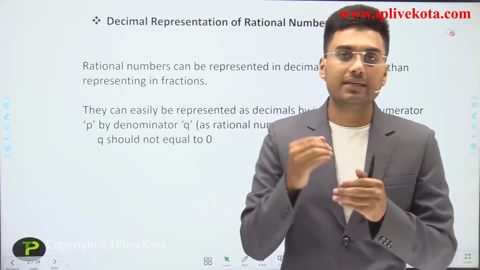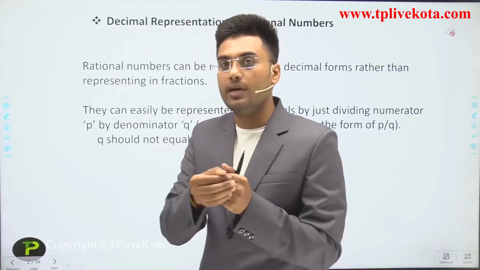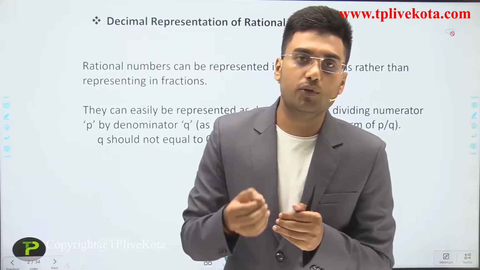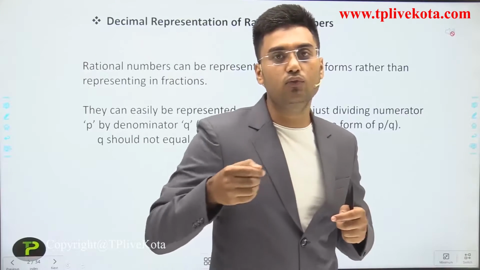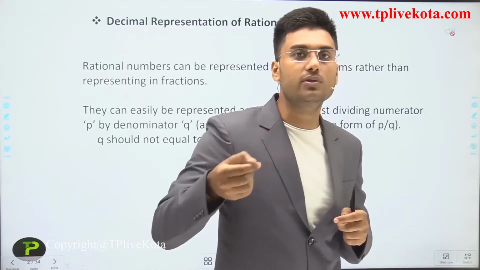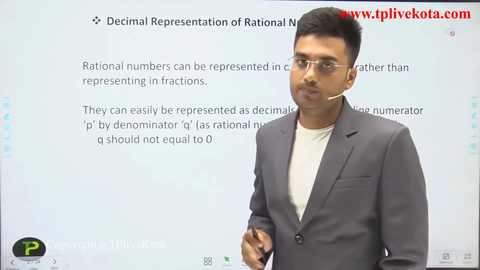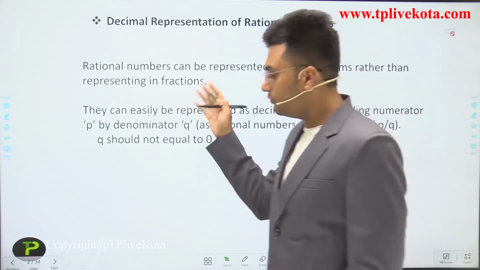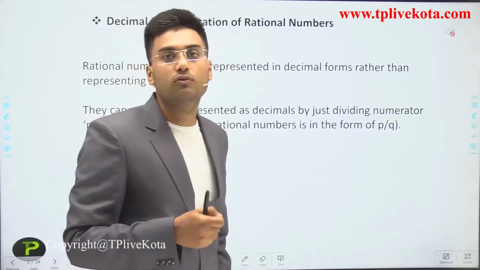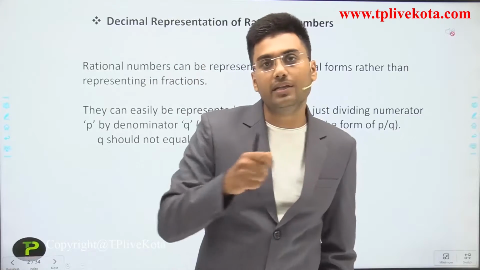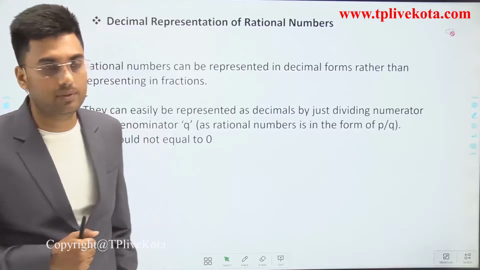We can do it by just dividing the numerator p by the denominator q, because we represent a rational number as p by q, where q should not be equal to 0. Let's understand the representation of a rational number in decimal form with some examples.